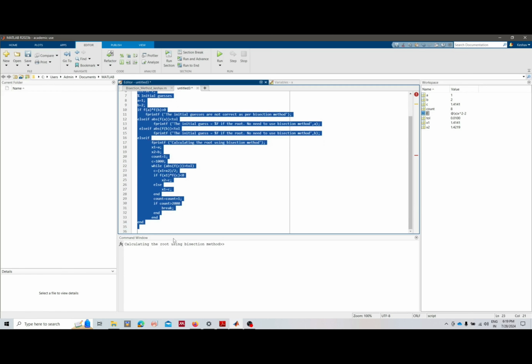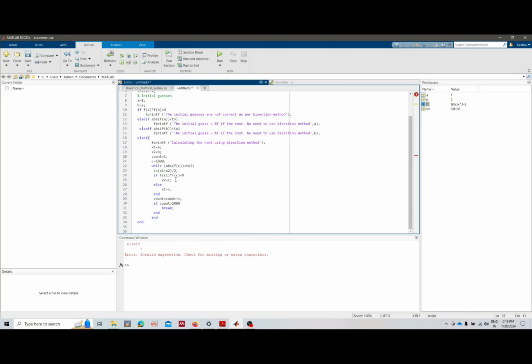Suppose I run the code now, just evaluate the section. It is showing an error. Else if, why is it showing an error?